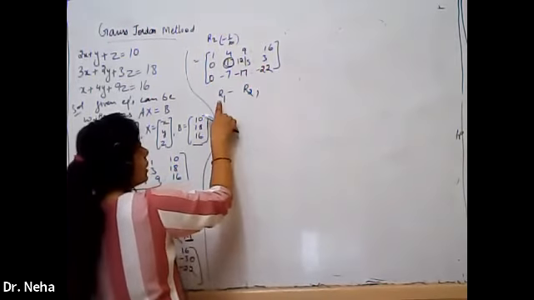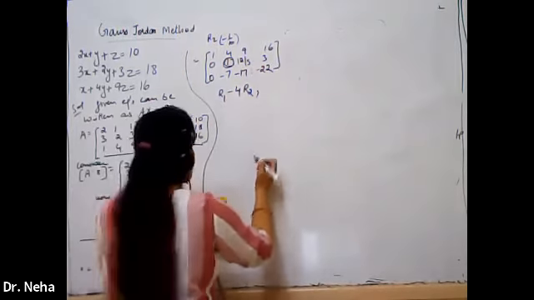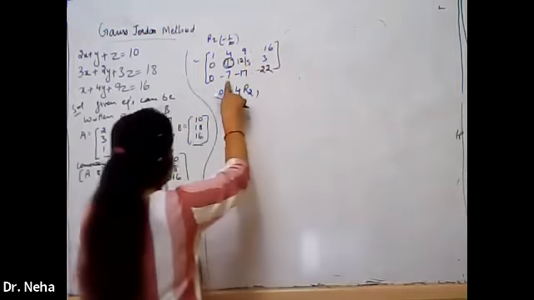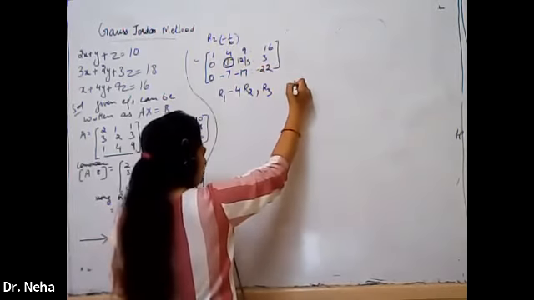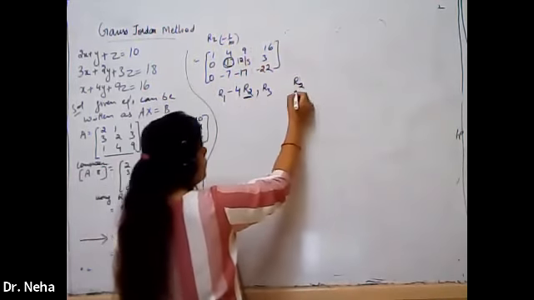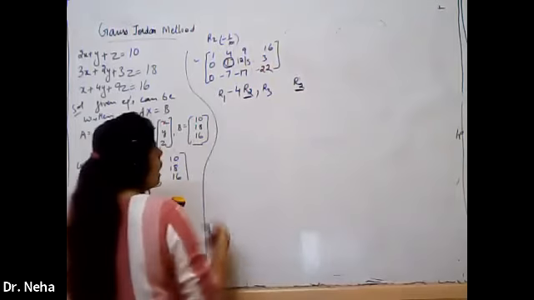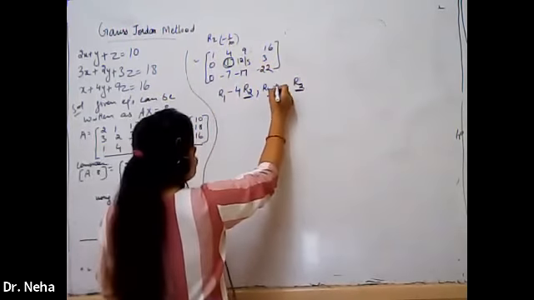And what is the constant in R1? That is 4. So R1 minus 4 R2. This is how to make the operation. Similarly, we need 0 in R3. So R3 at the first position, R2 at the second position. You can underline R2. Now see the sign between R2 and R3, they are of opposite signs. That means you will use plus now.